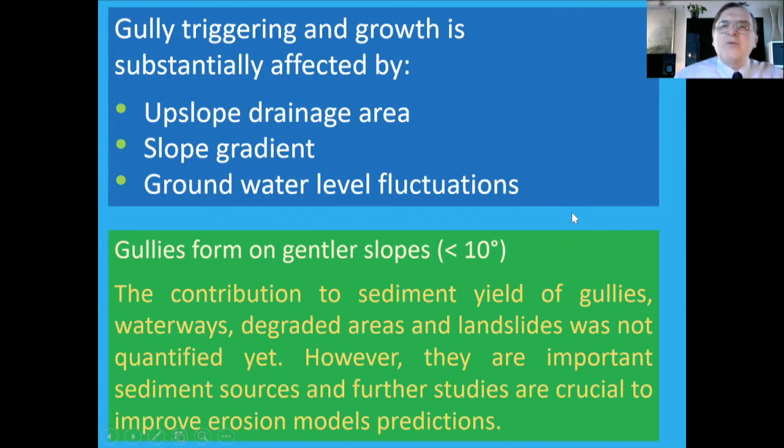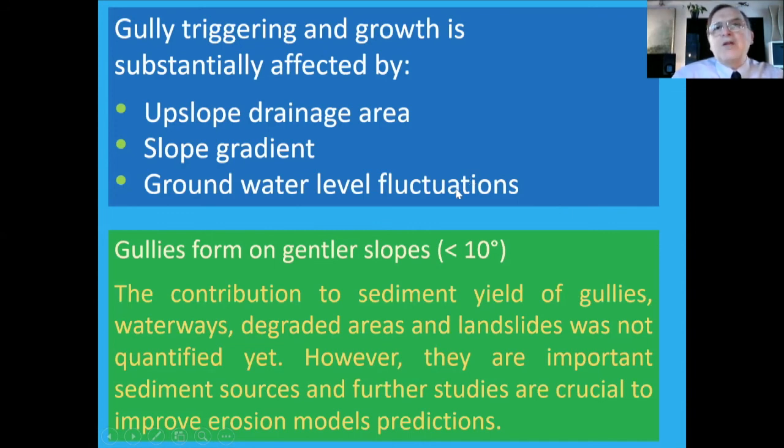And the contribution to sediment yield of gullies, waterways, degraded areas and landslides was not quantified in these studies, which are quite preliminary. However, we demonstrate that they exist and they can act at a very high rate in transferring sediment and water to the river system.